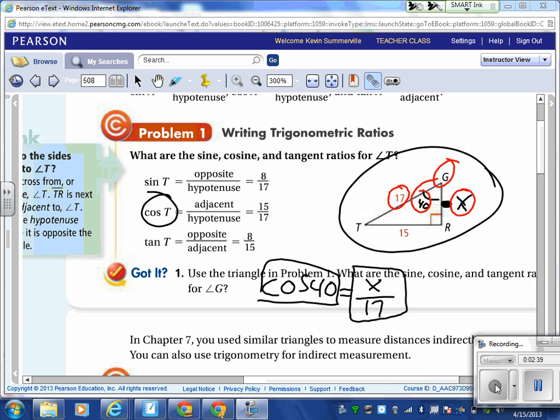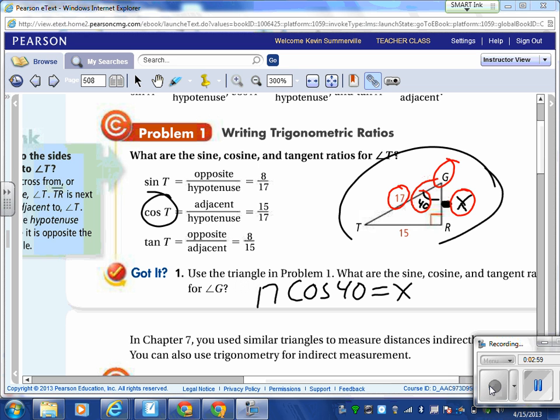But I need to get x by itself, so x divided by 17, the opposite of that is multiply. So you have to multiply both sides by 17, which would give you 17 cosine 40 equals x.